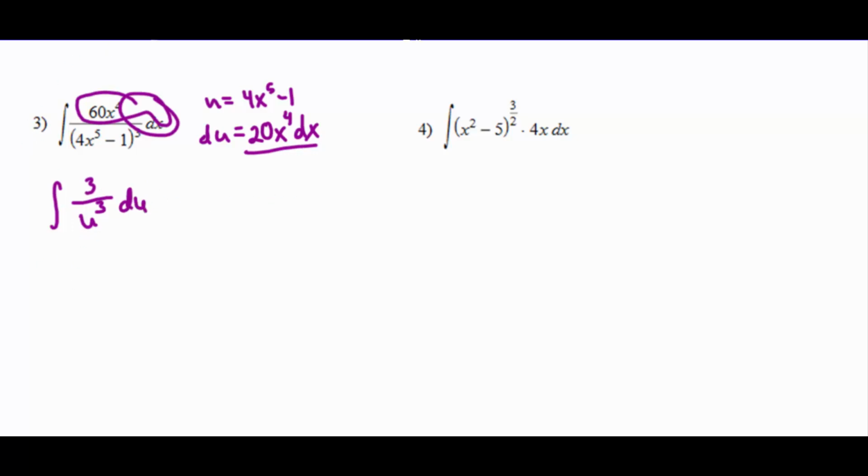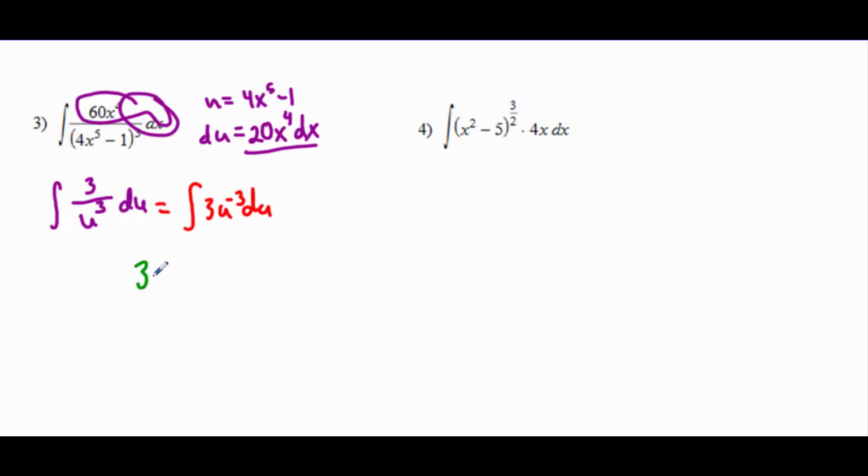Now, in order for us to take the integral of this, we need to move the u cubed up to the top, making it have a negative exponent. So the opposite of what I just did on the last problem. Moving it up to the top, though, we haven't actually taken the integral. And so this is where I say I can use the power rule. I can add 1 and divide by whatever I get.